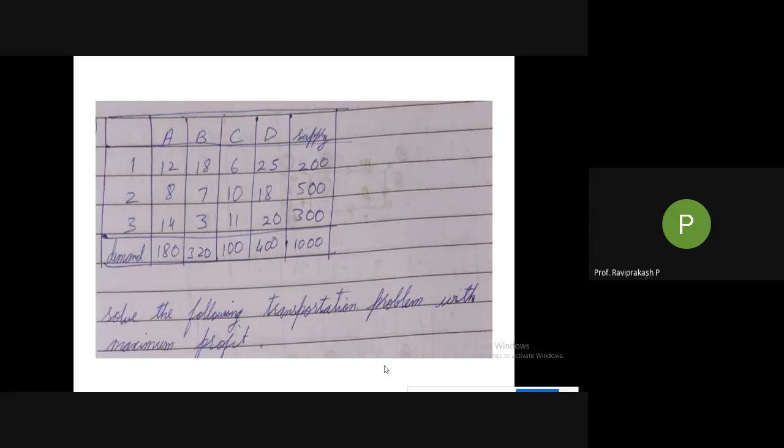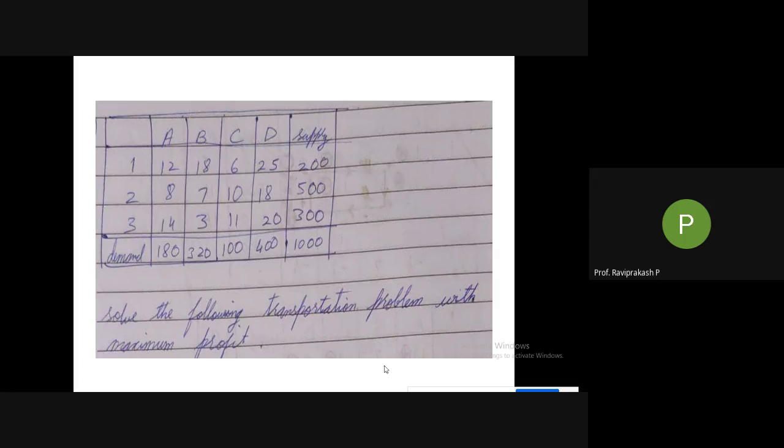One more important thing: if they have not given which method to use for the initial feasible solution, you can directly go with the VAM method. Initially we used to do this because most of the time they would ask for the optimum solution as well, and you would get the optimum solution very easily using the VAM method.